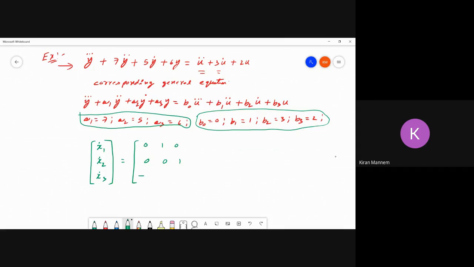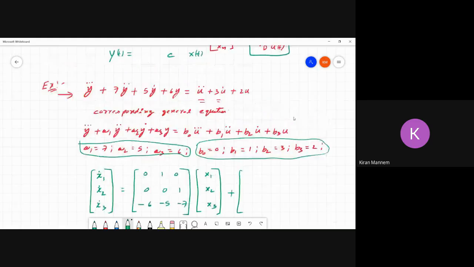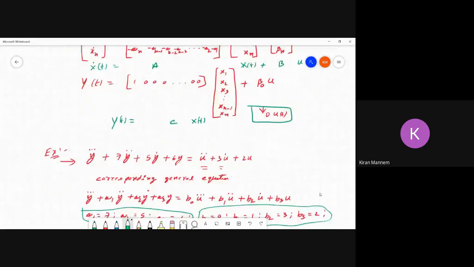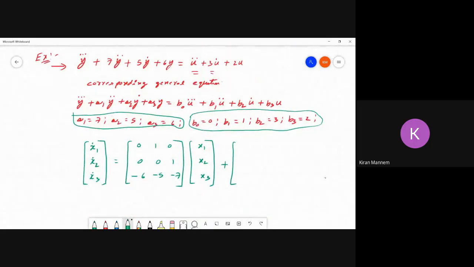Minus An means minus 6, minus 5, minus 7 multiplied by your state variables x1, x2, x3 plus your beta values. Now what are the beta values here? It starts from beta 1. So it would be beta 1, beta 2, beta 3, right? We need to find out these beta values, multiplied by u, right?